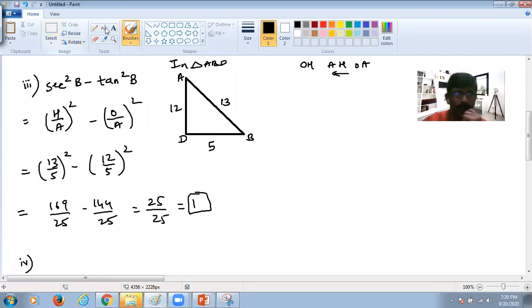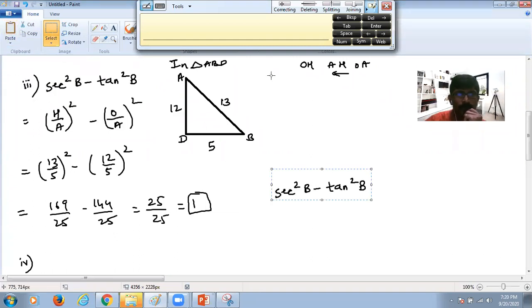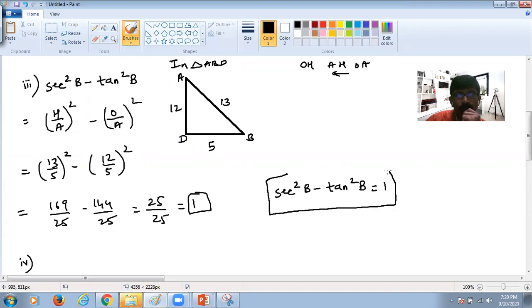So what we've actually learned over here, if you have noticed, is sec square b minus tan square b is equal to 1. Did you notice this along with me? Isn't it? Yes, that's nice. So what we learned over here, sec square b minus tan square b is always equal to 1. So this is one square identity we've learned, isn't it?